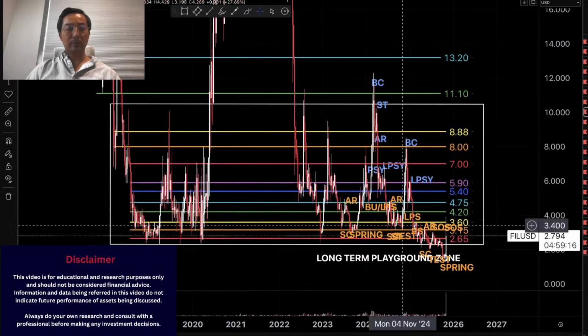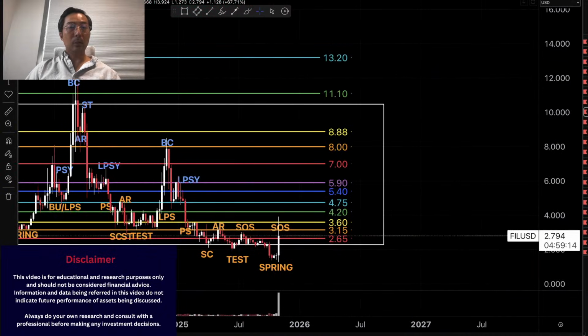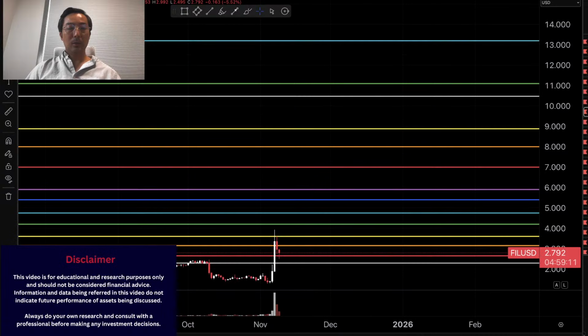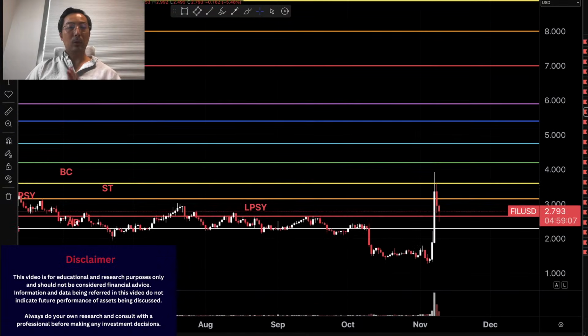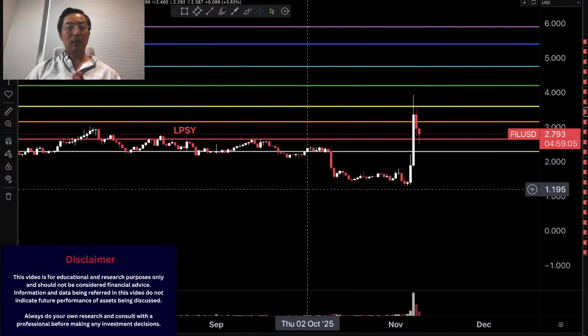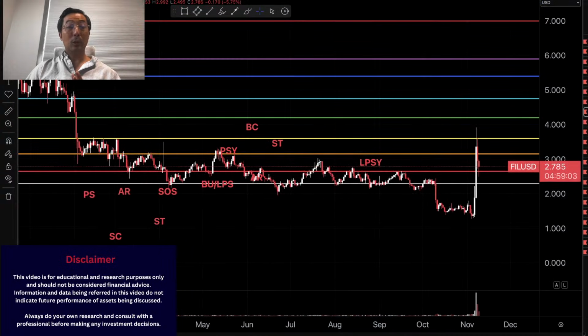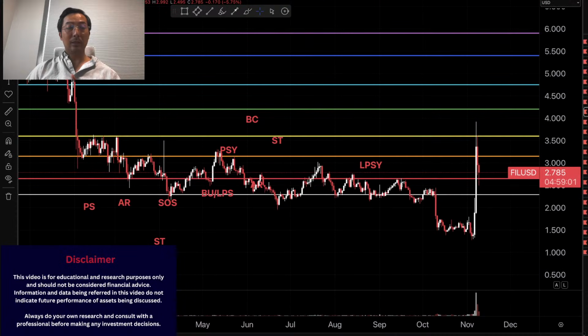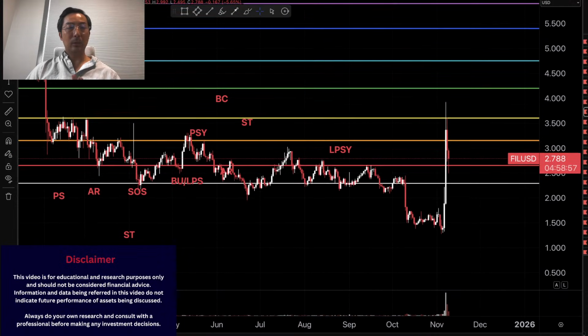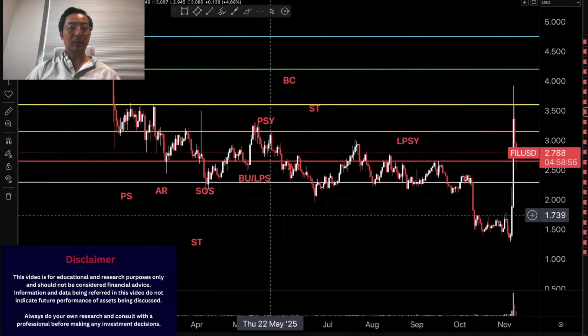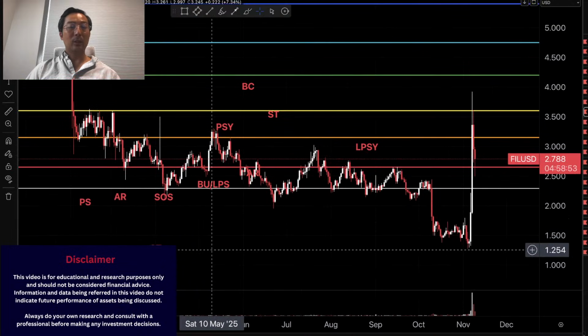Okay, so now we get to the daily chart. It's time to put in the Wyckoff tags. Remember, when we do Wyckoff on the daily chart, which it wasn't designed for, there will be quite a bit of noise and the stages won't be in sync with the weekly chart.